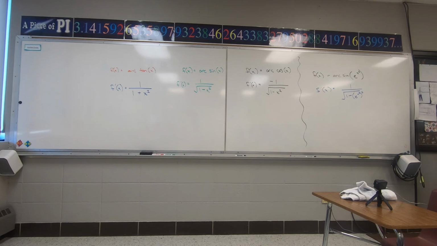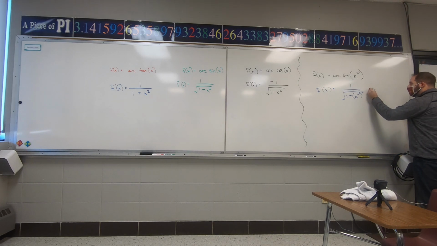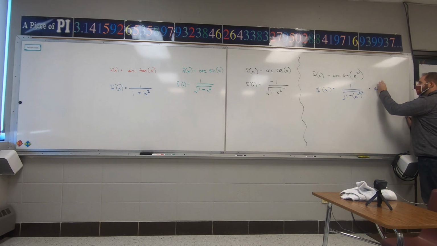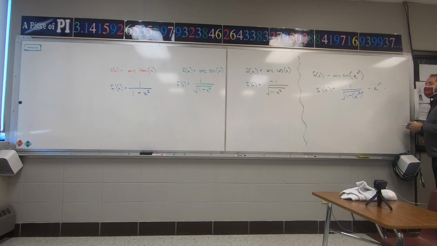So that's the derivative of arc sine, right? But then, like you guys were saying, if there's something in the parenthesis behind the arc sine, you also have to multiply by that derivative. So what is the derivative of e to the x squared? It's e to the x squared itself. Then, if there's something complicated in that power, you multiply by the derivative of that, which is 2x. So it's like a chain rule.